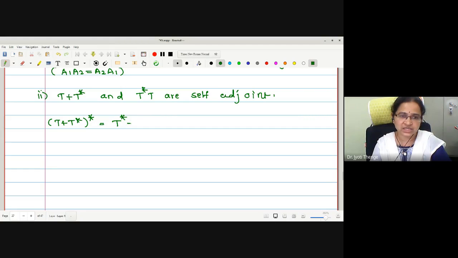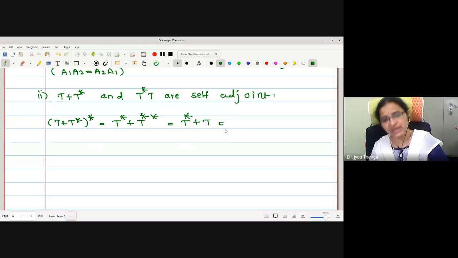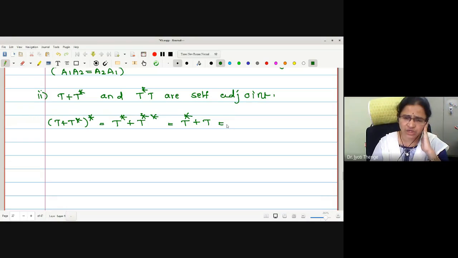Therefore, I write T star plus T double star. For T double star, we have already proved it is T. Therefore, this is T star plus T, and we know that addition is commutative, so this is equal to T plus T star. Hence, T plus T star is self-adjoint.